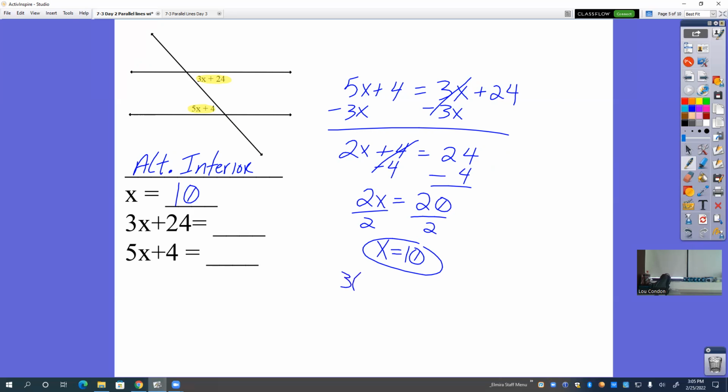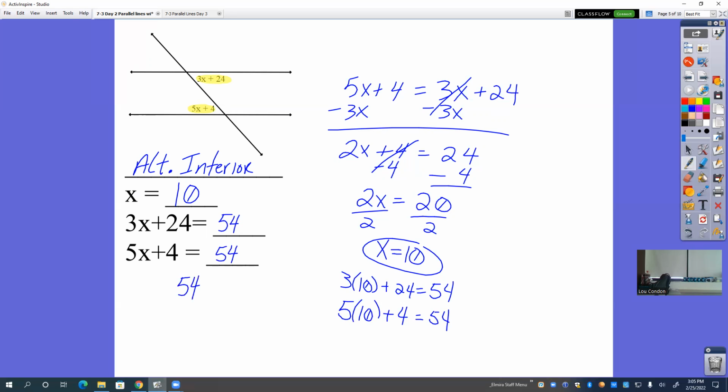Okay. 3 times 10 is 30. Plus 24 equals 54. And 5 times 10 is 50. Plus 4 equals 54 as well.